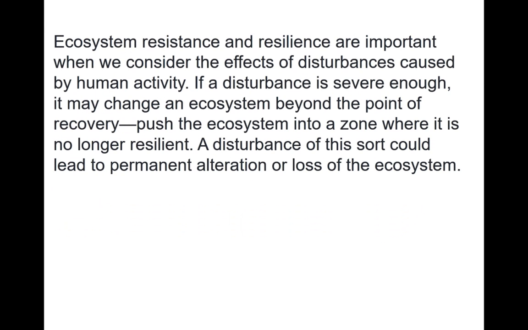Ecosystem resistance and resilience are important when we consider the effects of disturbances caused by human activities. If a disturbance is severe enough, it may change an ecosystem beyond the point of recovery, pushing the ecosystem to a zone where it is no longer resilient. A disturbance of this sort could lead to a permanent alteration or loss of the ecosystem. And we're really talking about this in the glacier area.